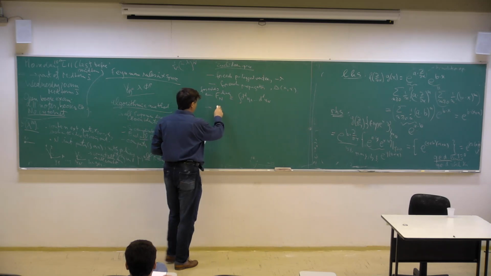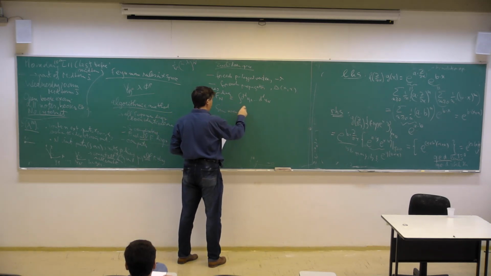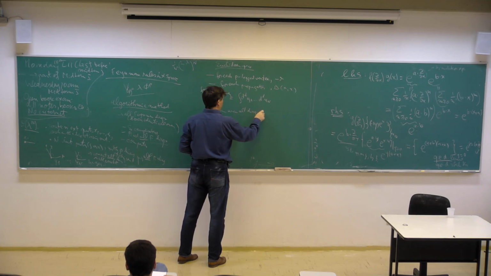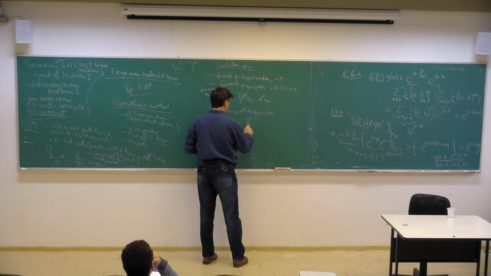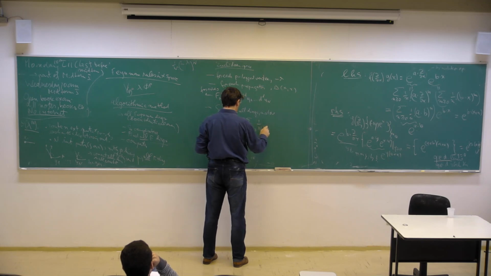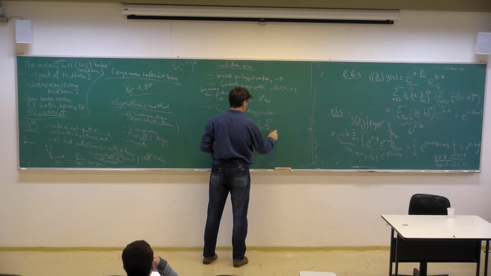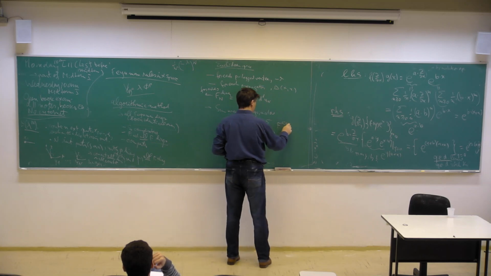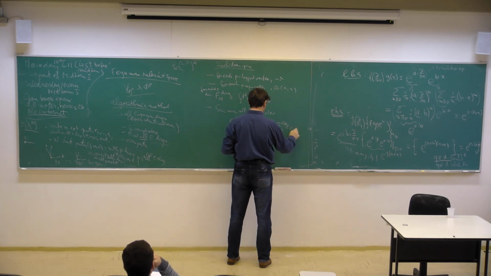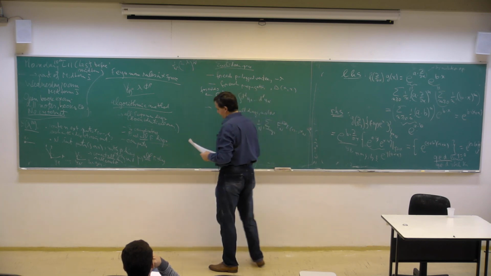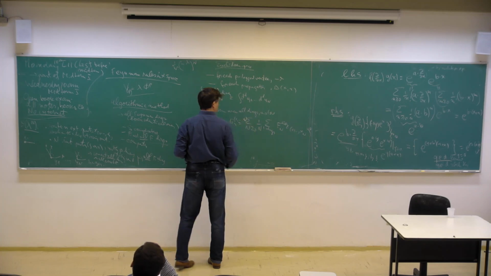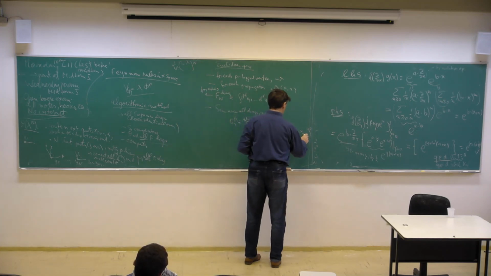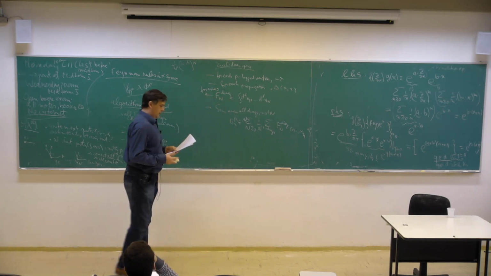And then sum over all diagrams and n, meaning that Gn is the sum over n, 1 over n factorial, sum over diagrams, f n.